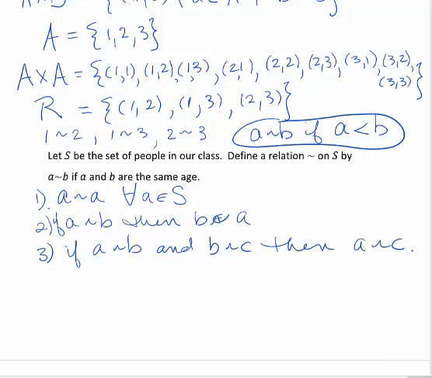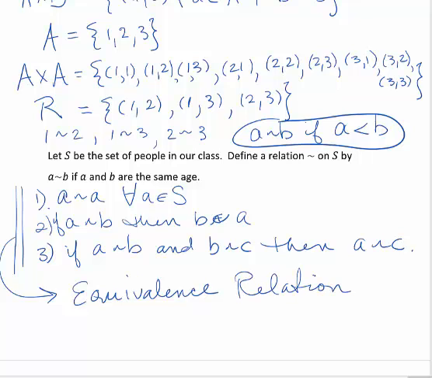And it's obvious, if a is the same age as person b, and person b is the same age as c, then a and c are also the same age. A relation that satisfies those 3 properties is called an equivalence relation.